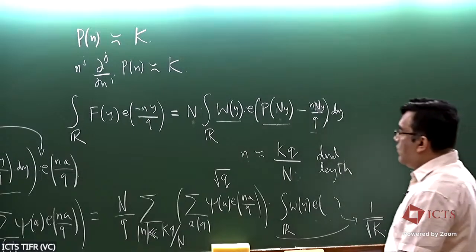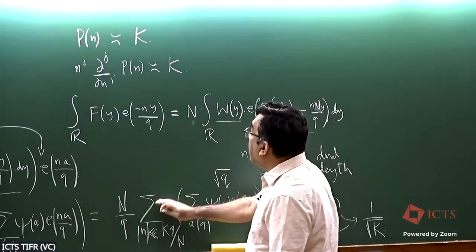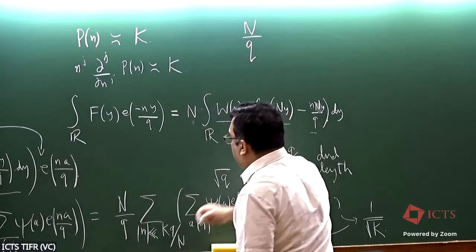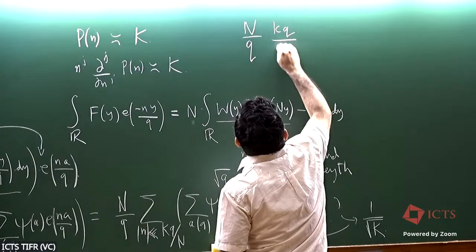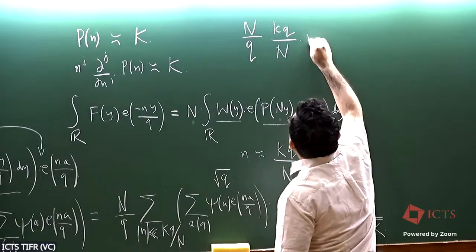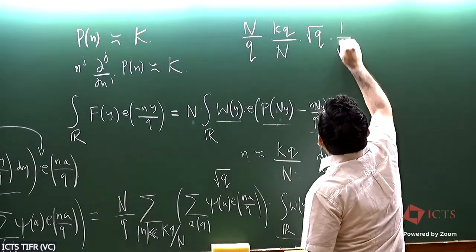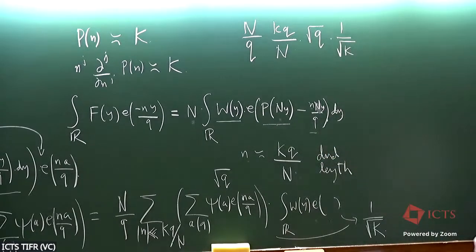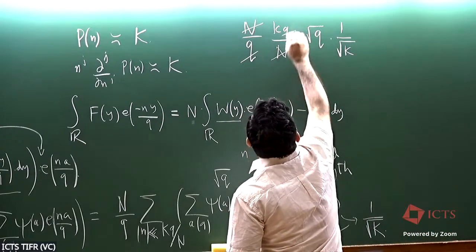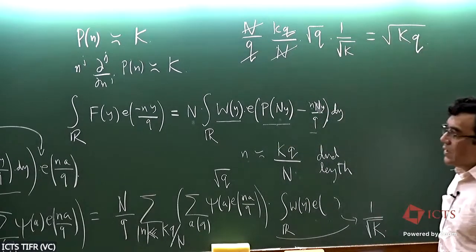Right? And so if you ignore n equals to 0, because n equals to 0 is a special thing, then I have n by q factor outside. I have kq by n many points of summation. The character sum over here is bounded by root q, and this is bounded by 1 by root k. Right? And so this n cancels out, q cancels with this q, and I get square root of kq. Right?